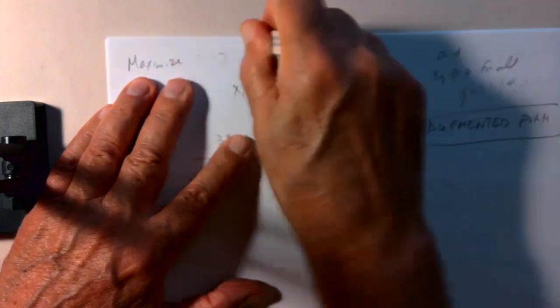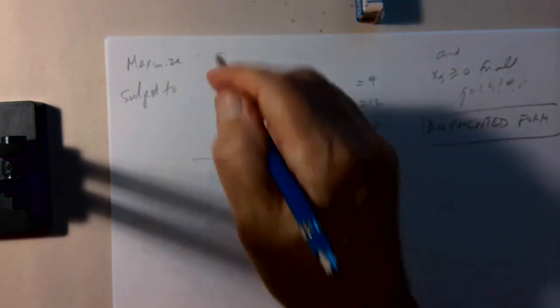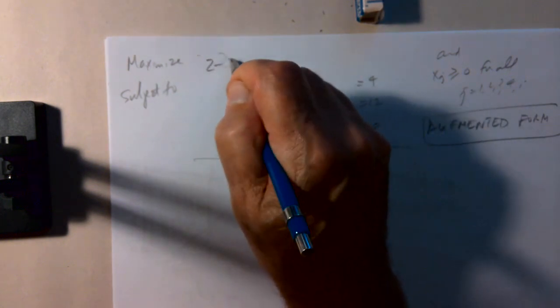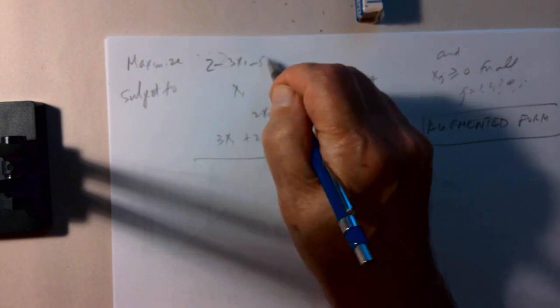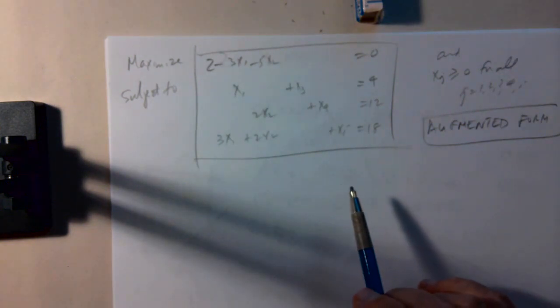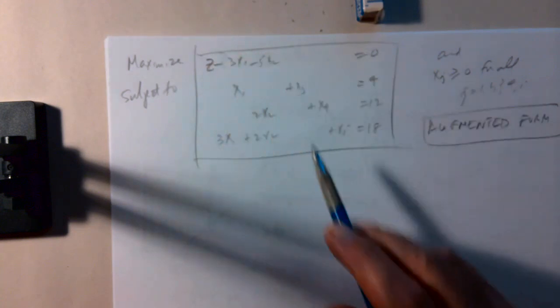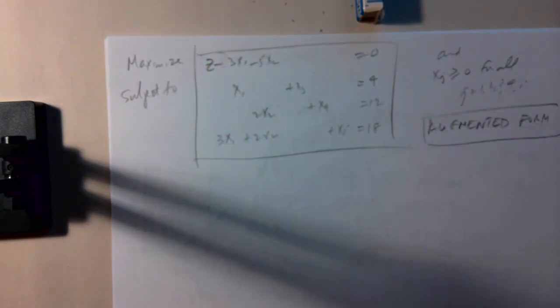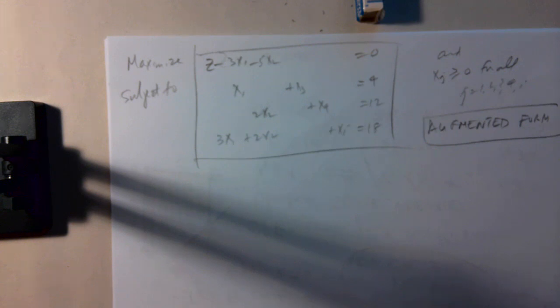So this is the same as saying z minus 3x1 minus 5x2 equals 0. So I just set up everything as an equation with all the variables, including z, on the left-hand side, and just some number on the right-hand side.